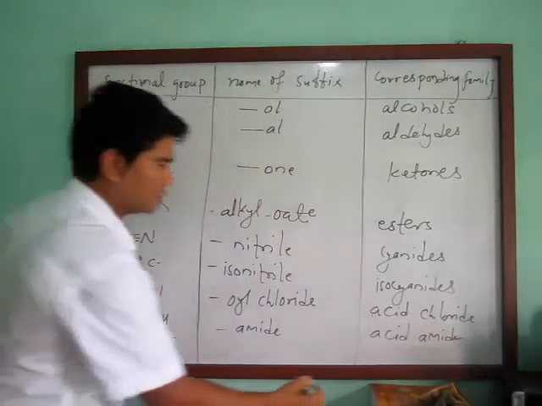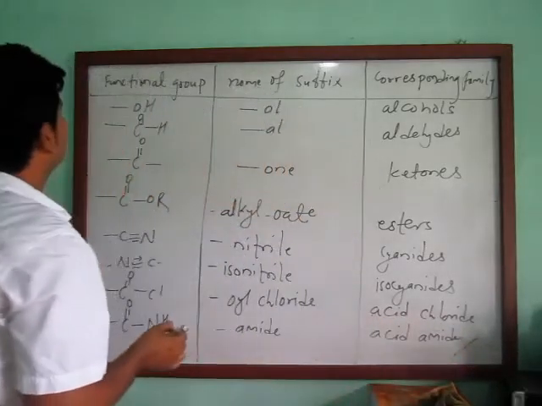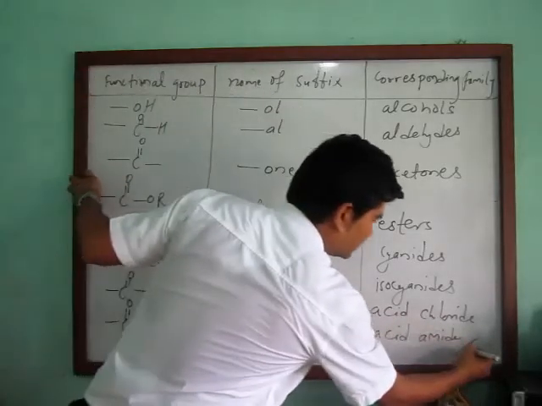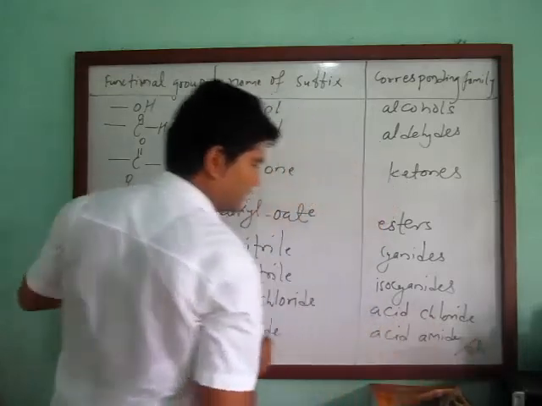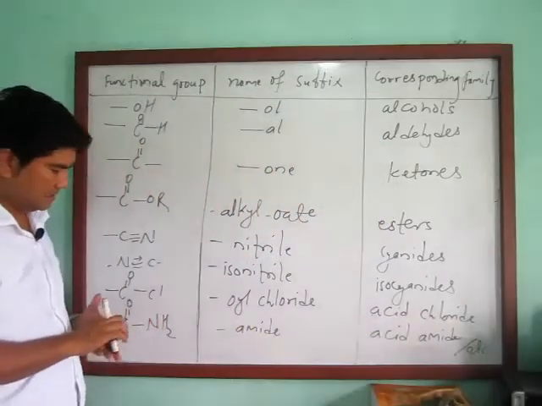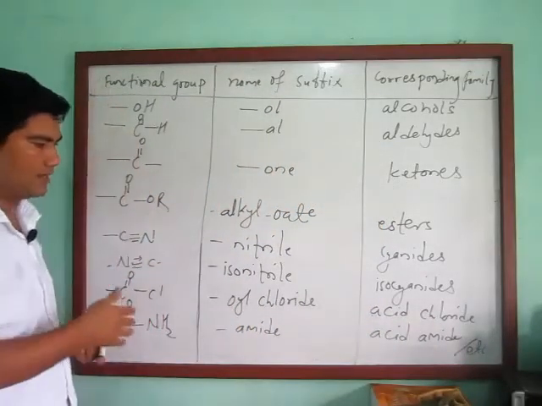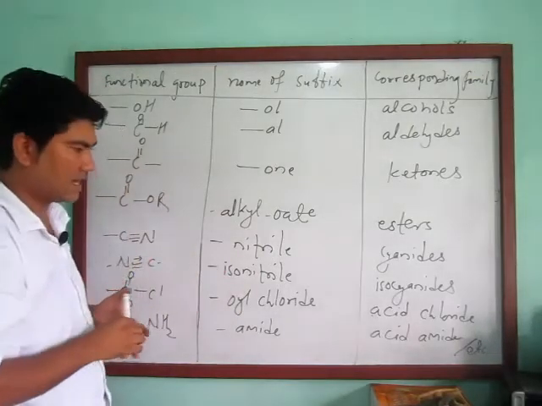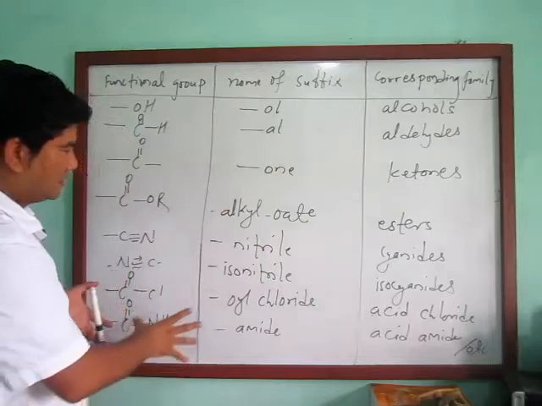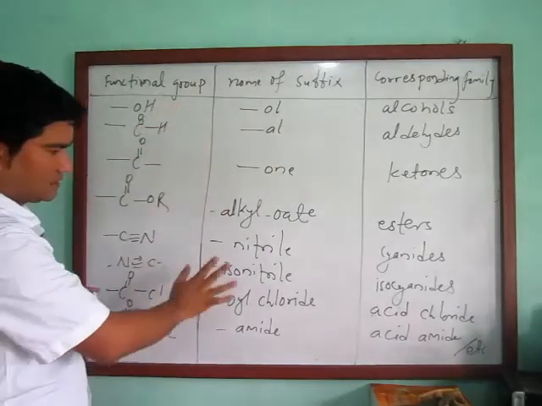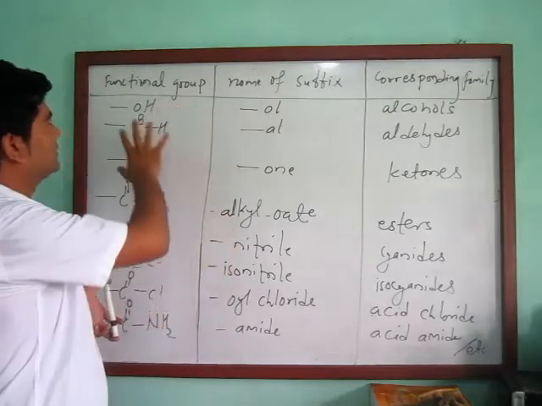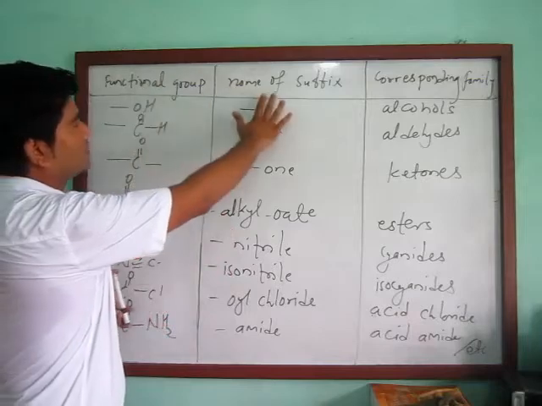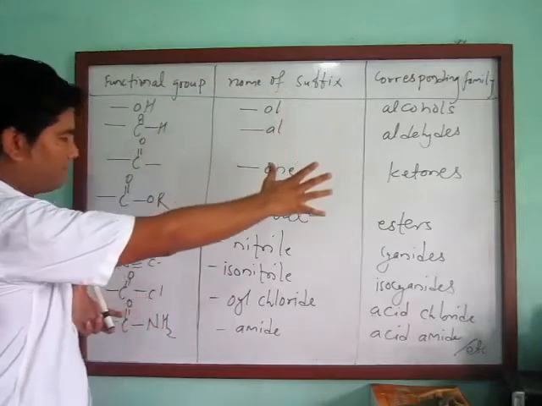So there are other functional groups that we should study, but we will discuss them while giving the names of those particular organic compounds. So this is a simple description of the functional group, suffix, and the corresponding family.